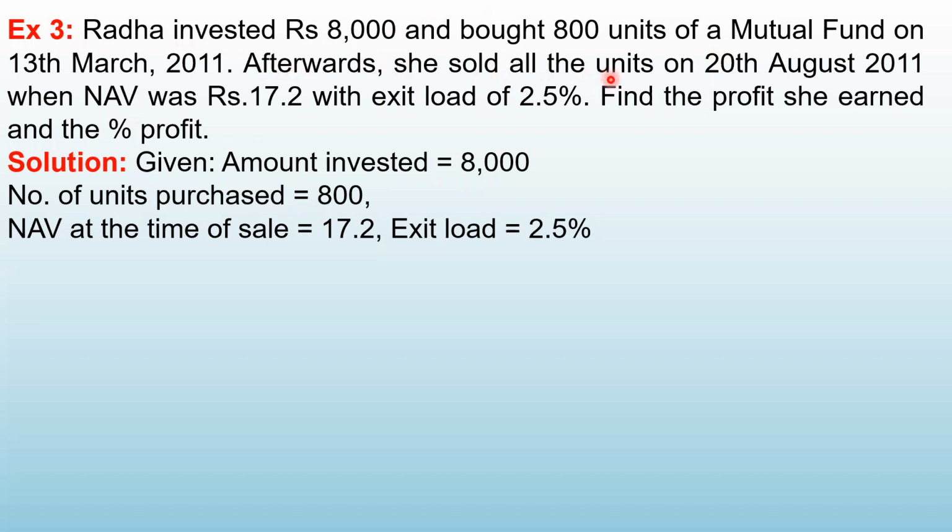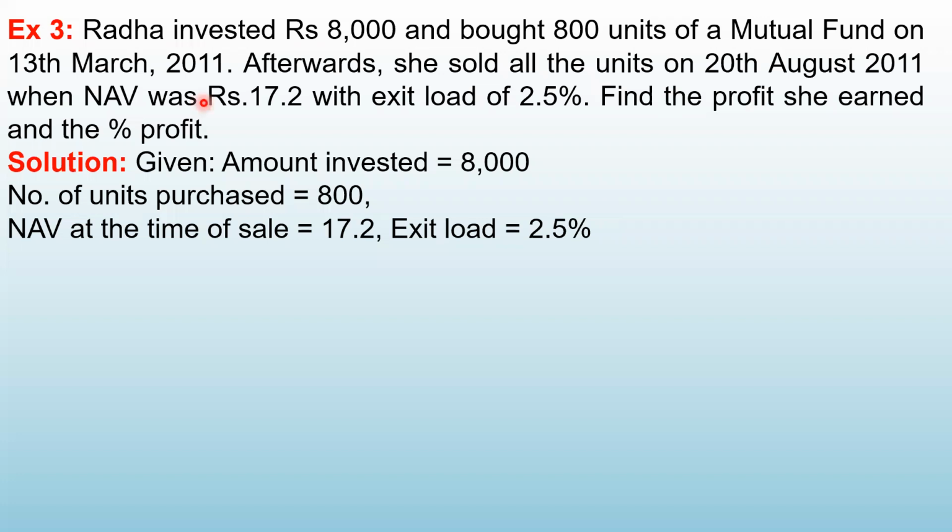Afterwards, she sold all these 800 units on 20th August when NAV was 17.2. So NAV at the time of sale was 17.2. And the exit load was 2.5%. You have to find out the profit she earned and the percentage profit.